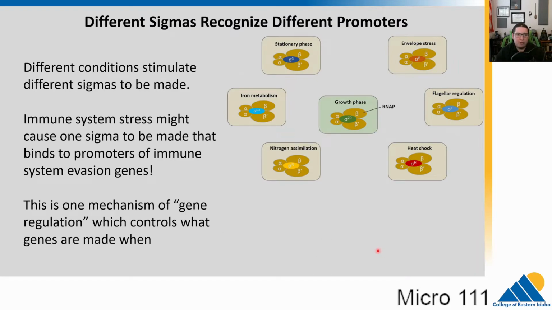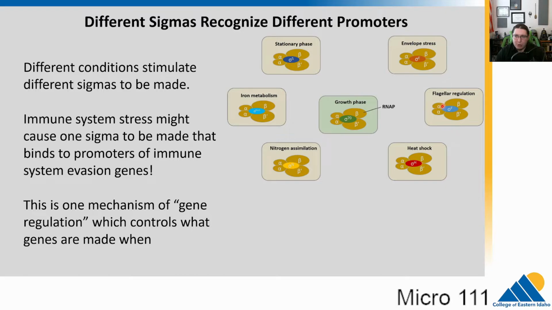Now, these sigma factors, there are different ones, and this is somewhat unique to bacteria, the sigma factor itself. They recognize different promoters, and there's different sigma factors for different life stages. So when bacteria are going to divide, there's a sigma factor that goes out and finds all the genes that are necessary for bacterial division.